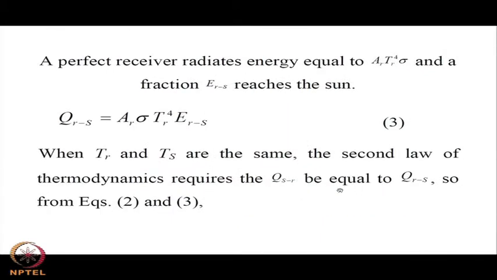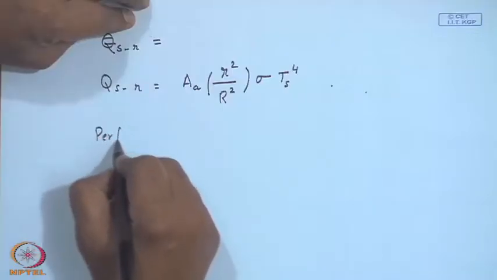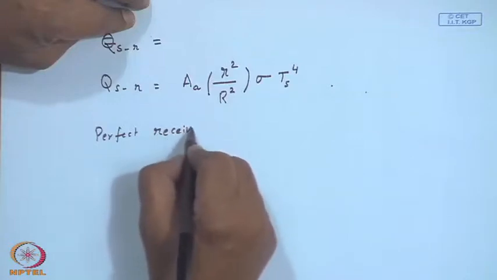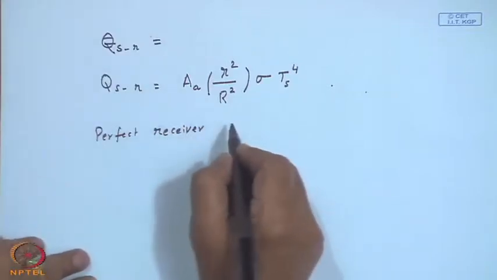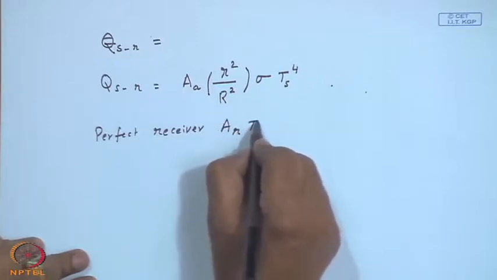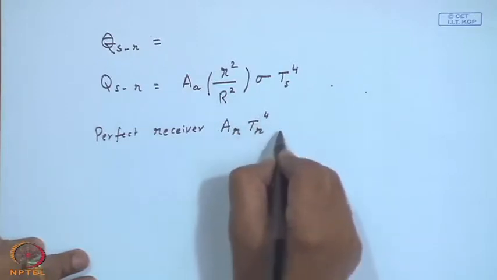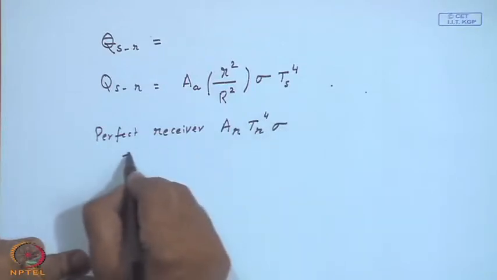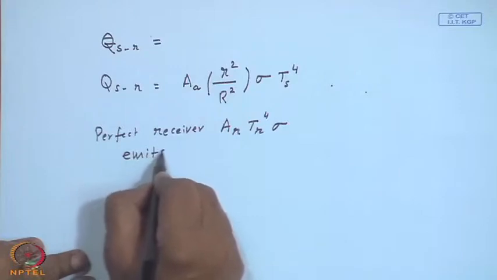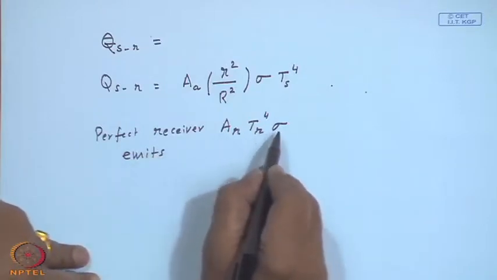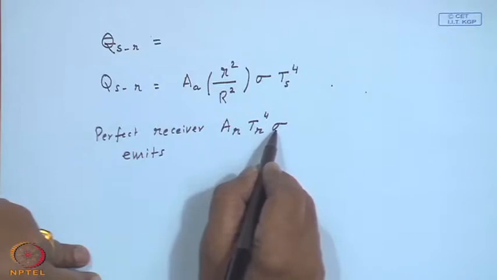A perfect receiver emits A r times T r to the power 4 times the Stefan-Boltzmann constant sigma.